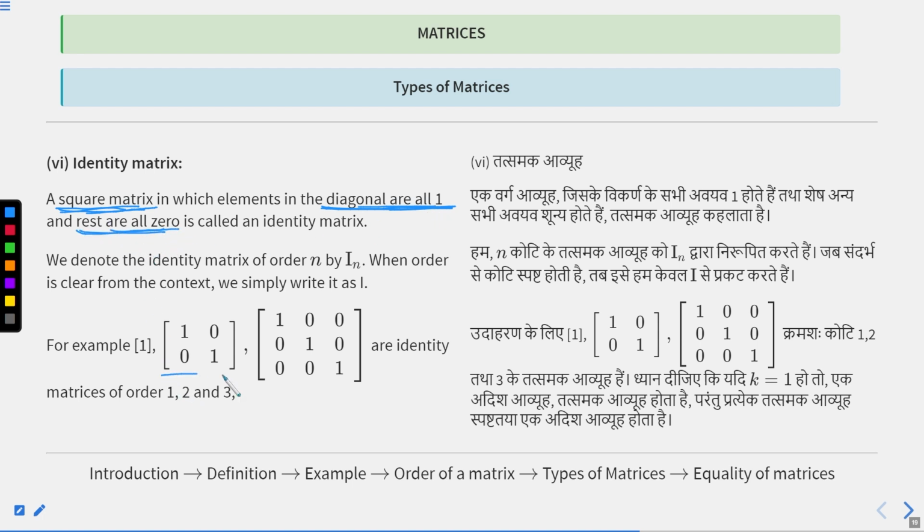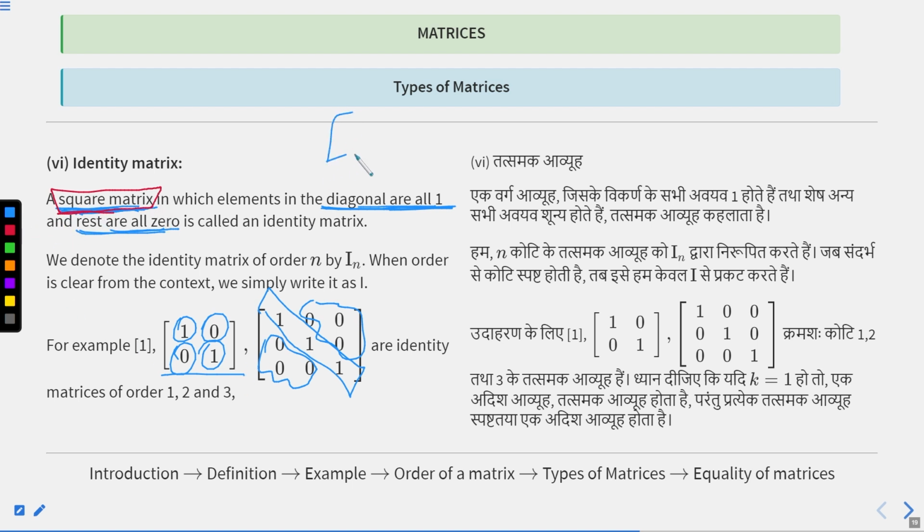For example, this. We will be calling that matrix an identity matrix. And please give special emphasis to this point that the matrix must be square.